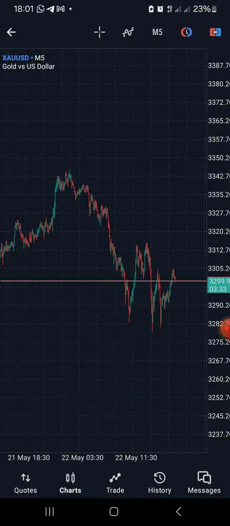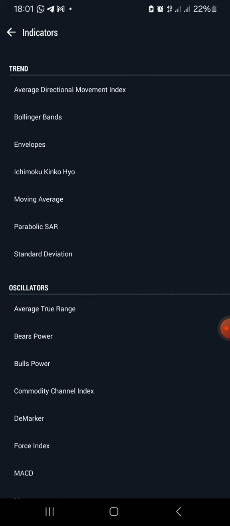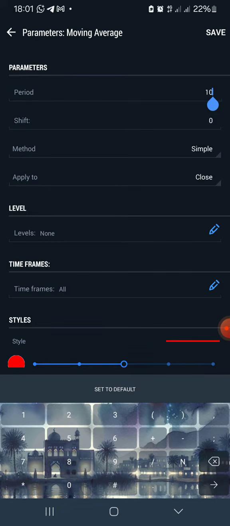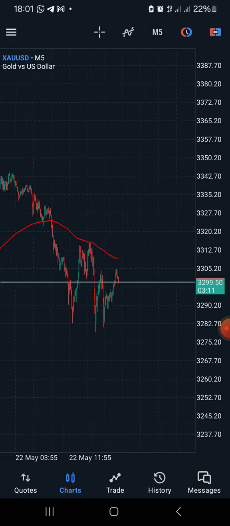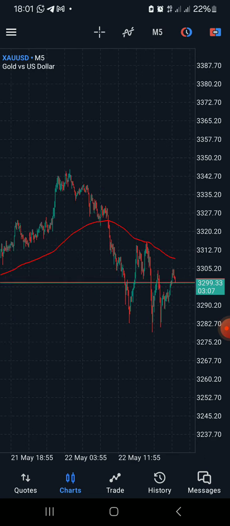I'm going to tap into my menu icon. I already have a plain chart. On my main chart, I want to set up my moving average to 200, but I'm going to be using the exponential moving average this time around. You can see how it looks. This tells me what the market is doing.